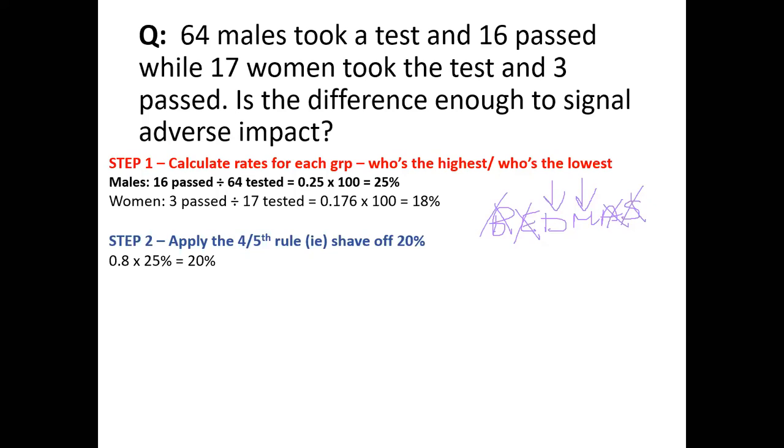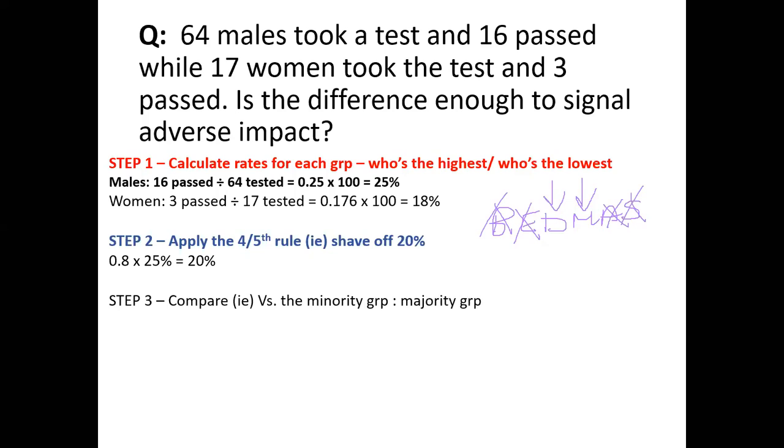Now, and this is really the hardest part, we say, okay, this is the benchmark. This is the number that you want to beat. 20%. Anything less than 20% is not okay. And so let's actually see this come to fruition. That's step number 3. We're going to compare, or in other words, we're going to pit the minority group against the majority group.